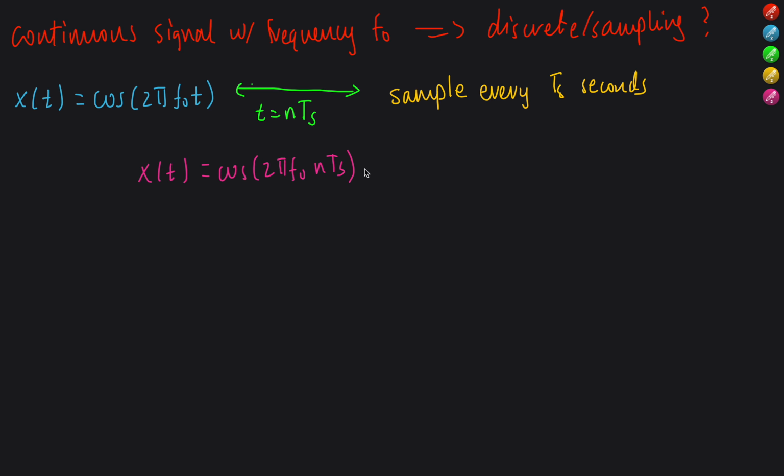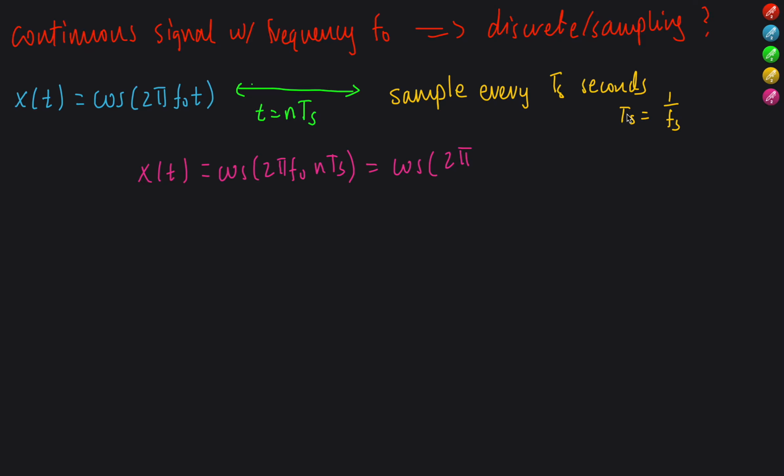Okay, quickly let's rewrite that to make it a little bit cleaner. Cosine of 2 pi. I'm going to use the fact that in the discrete world, Ts equals 1 over fs. This is the classic period and frequency relationship.